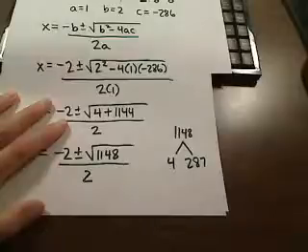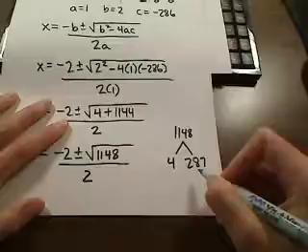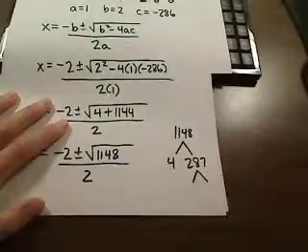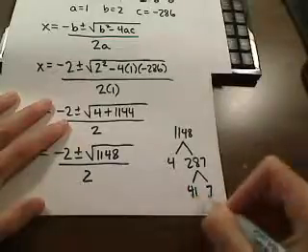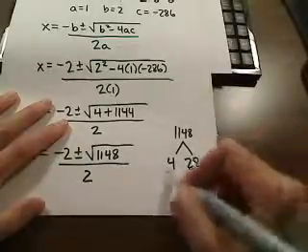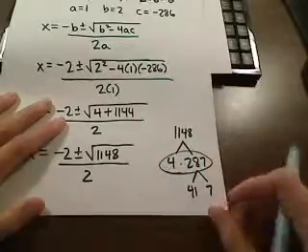And I don't know, 287. I'm going to try it by a few numbers. I think it's probably prime. Oh, nope, 287 breaks down as well. It breaks down into 7 and 41, but those are both prime numbers. So we'll actually stop here in our factorization.